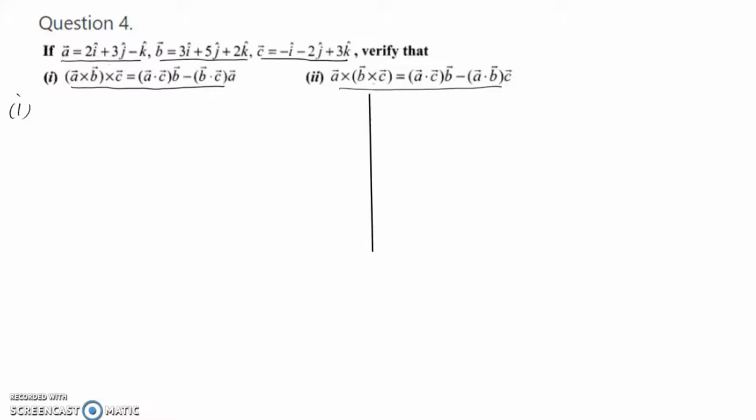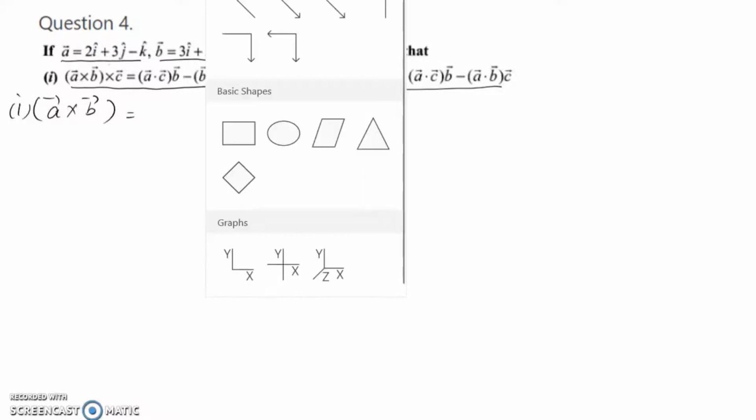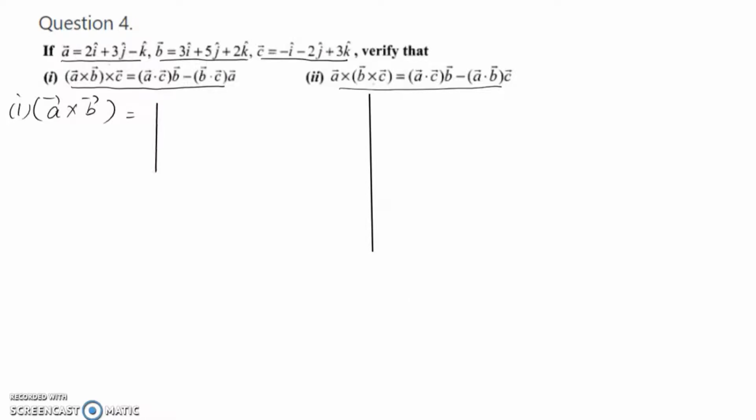To do the first one, let's take the left hand side and find A cross product with B. We know that A cross B can be written as the determinant of i cap, j cap, k cap; A's coefficients are 2, 3, minus 1, and for B it is 3, 5 and 2.